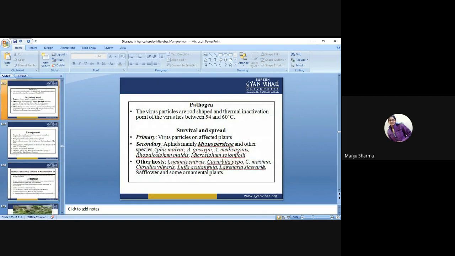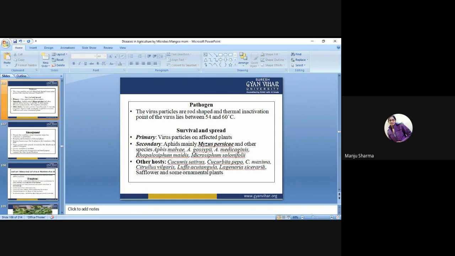Now the pathogen. The virus particles are rod shaped. The thermal inactivation point of the virus lies between 54 and 60 degrees centigrade. Survival and spread: primary, virus particles on affected plants.